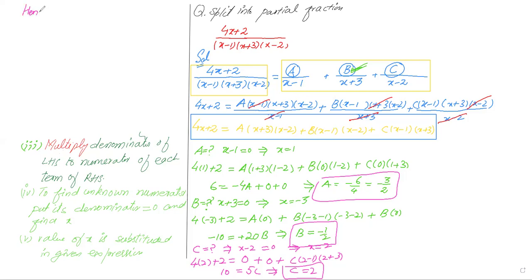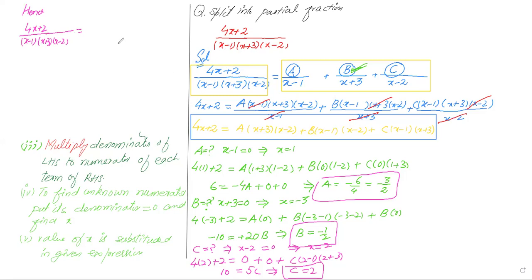Hence, this is the given fraction: 4x plus 2 divided by x minus 1, the second one is x plus 3, the third one is x minus 2, is equal to A, where A means the first fraction.